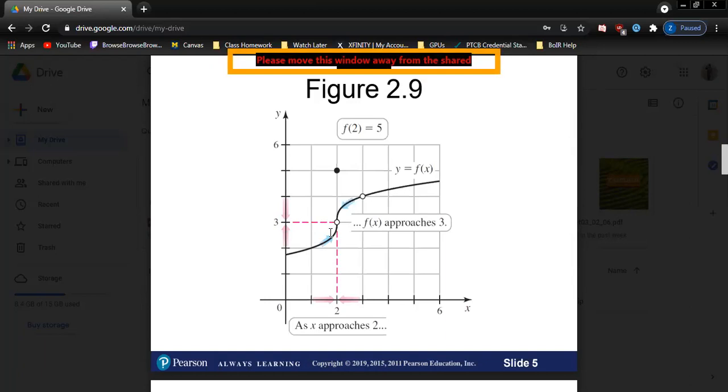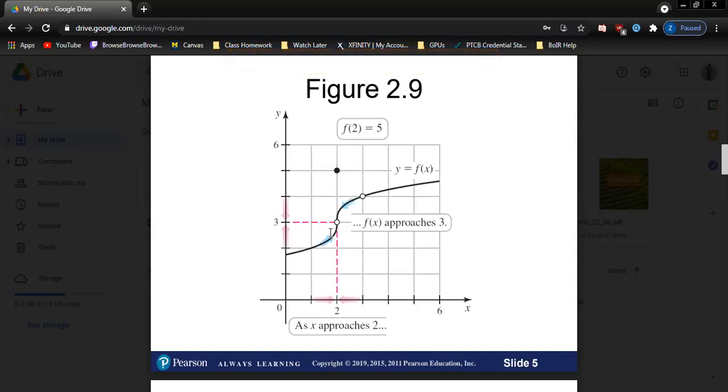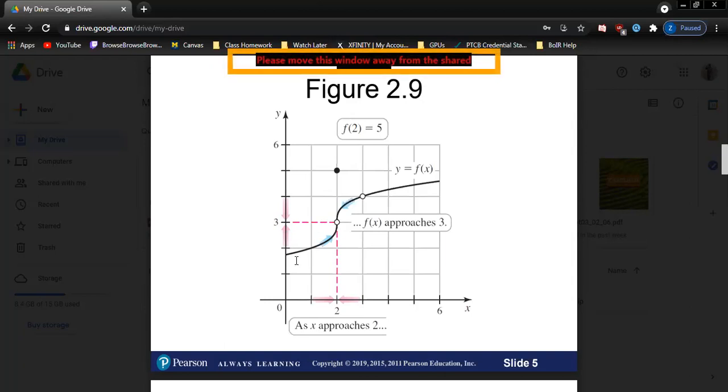You will soon see the definition. I'm giving you the initial idea of it. You'll soon see the mathematical definition of it with some algebraic characters and all that. So if you approach from the left, wherever the graph takes you, we call it the left-hand limit.